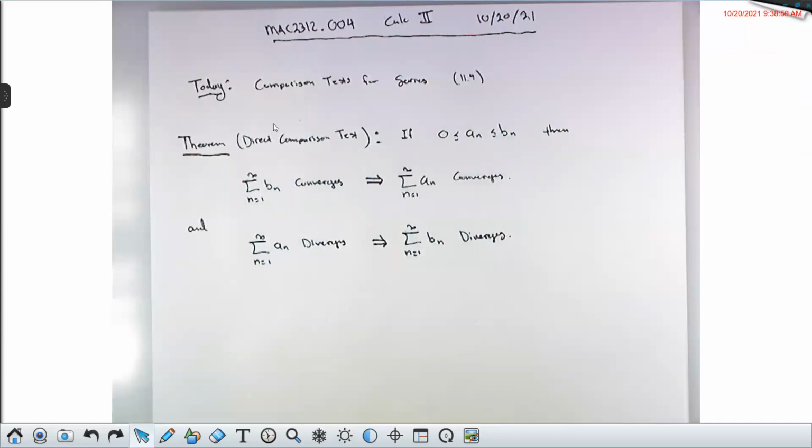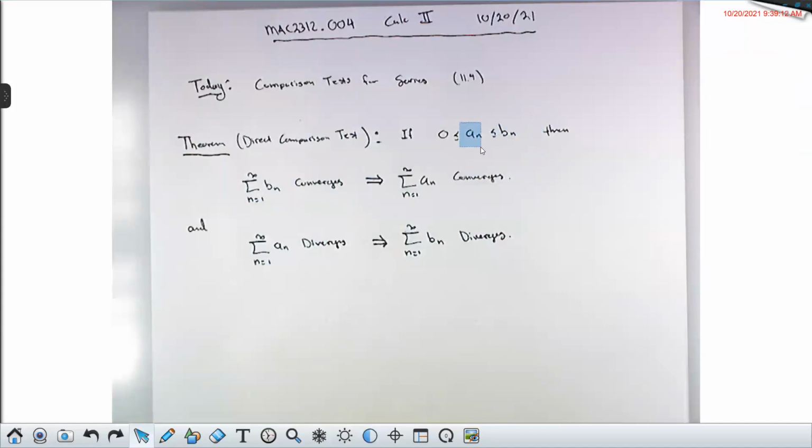When you use this test, sometimes you'll be thinking of your guy as the b_n's, and sometimes as the a_n's. Don't get caught up with the labels. One of these will be the terms from your given problem, and one will be something else that you come up with.